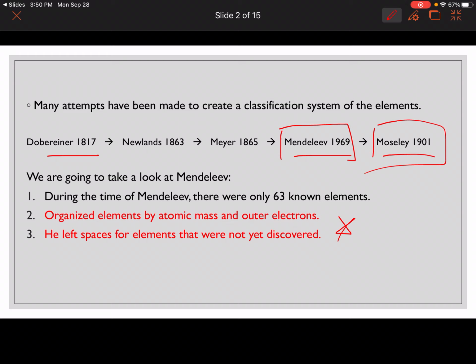Now, you guys have just done an assignment on this. You'll know that they're not organized by atomic mass, but by atomic number. So it's changed. But back then, Mendeleev organized it by mass. And the third point here is that he left spaces for elements that were not yet discovered. So he was anticipating the discovery of other elements, which I kind of think is cool, actually.